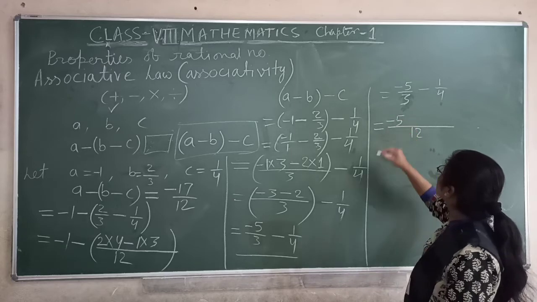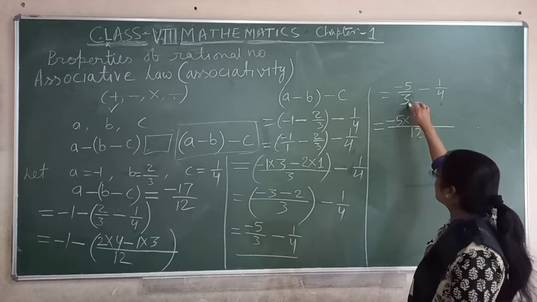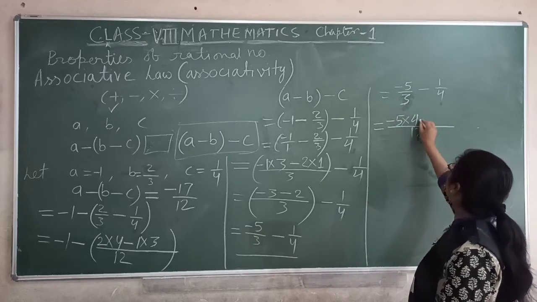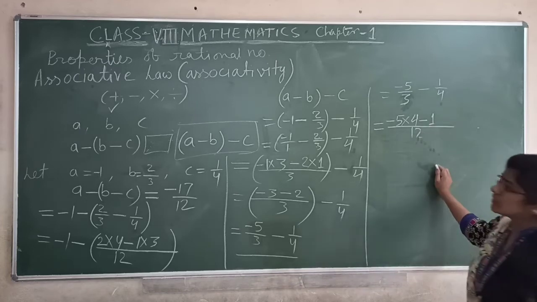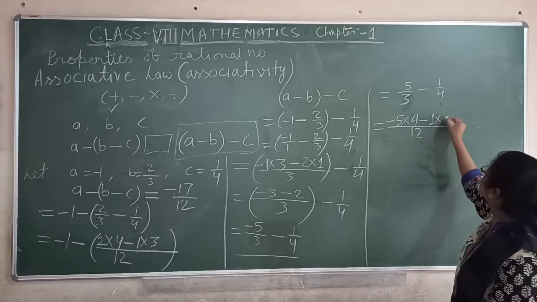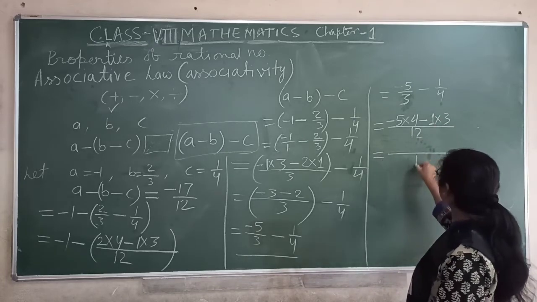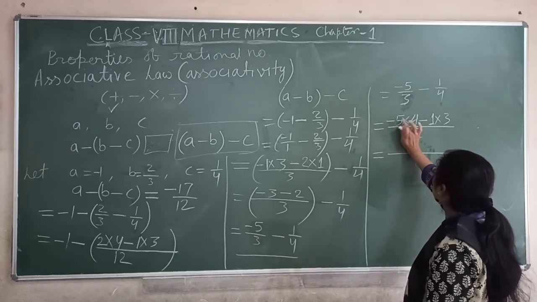Minus 5 into 12 divided by 3, LCM divided by denominator. So how much? 4 here. Minus 1, again 12 divided by 4, so how much? Into 3. Okay, then again we will write 12. This is negative, this is positive, plus into minus equals minus.